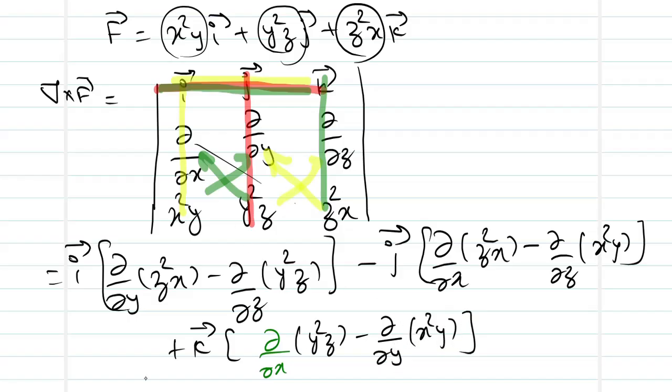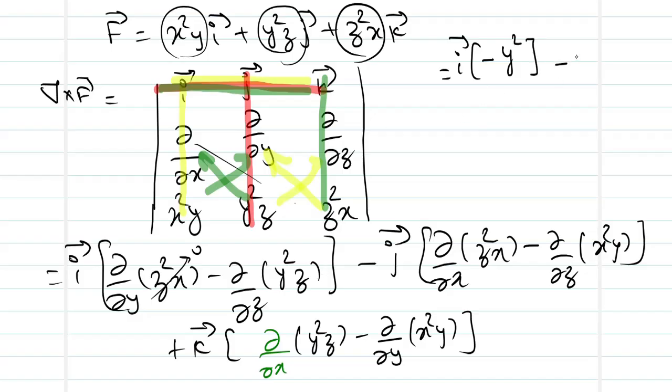Now it is a simple partial differentiation. So what you will have, I will write it over here so that it will be easy for us to conclude. With respect to y, no y, so this will become 0. With respect to z, you will have minus y square, and z is going to be 1.